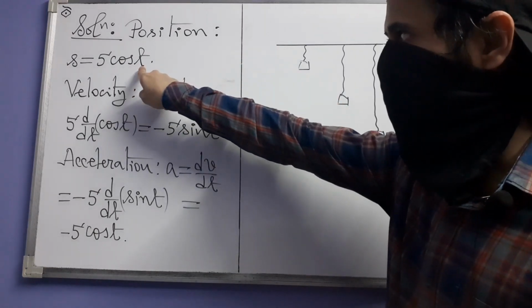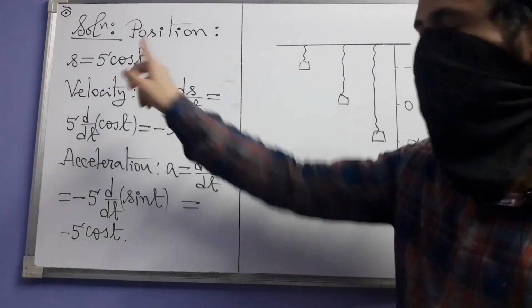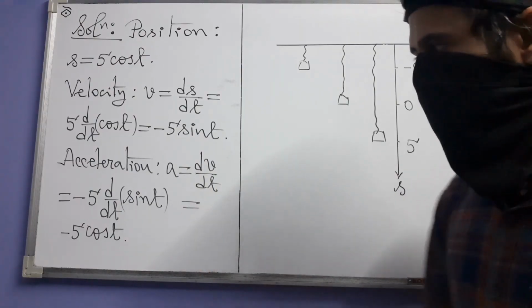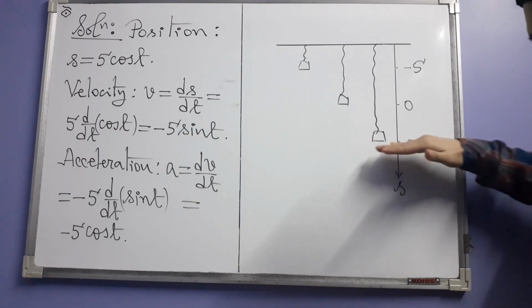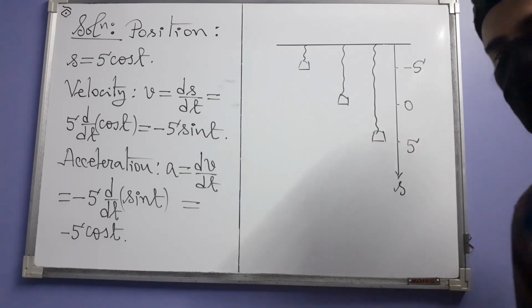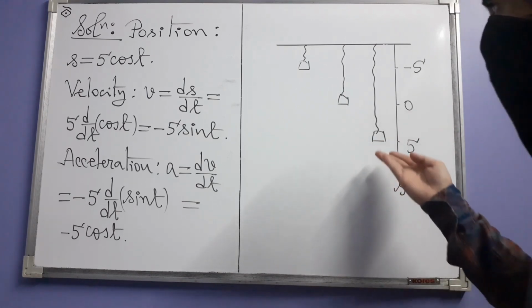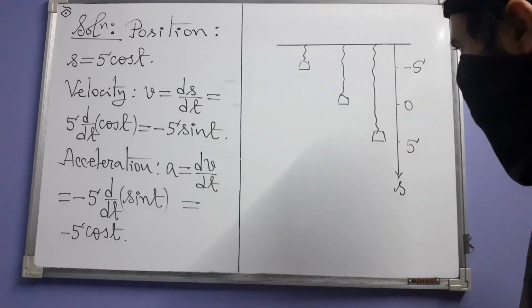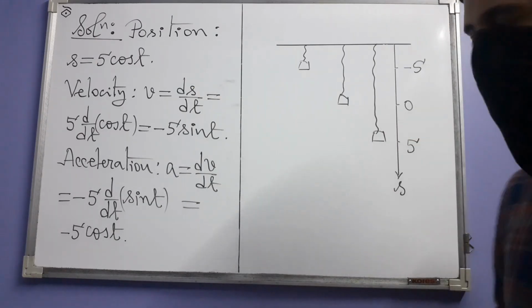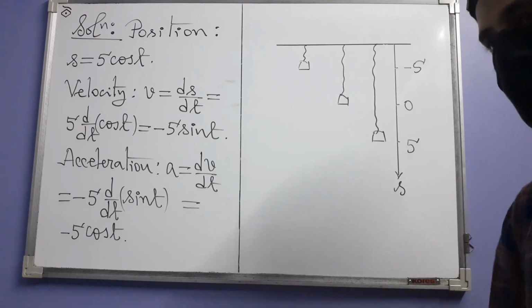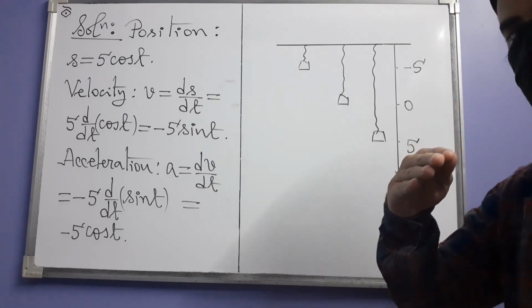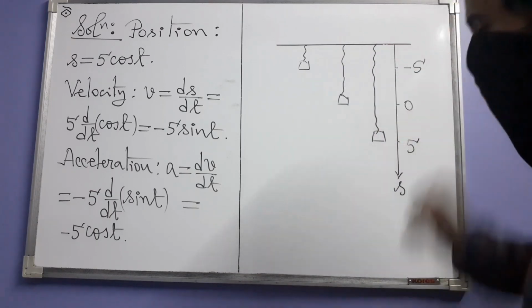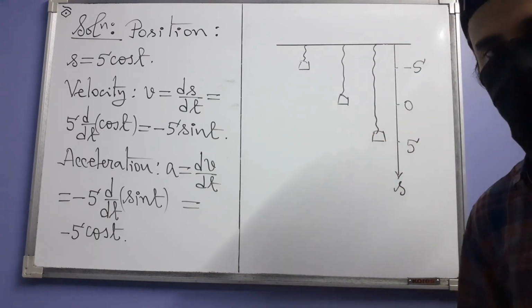If you substitute t equal to 0 here, cos 0 is 1, so s is equal to 5. So yes, s is 5. This is where the body is lying on this s axis. But then as t increases, cos t also changes and the body goes up. Alright, so we have to see how long the body takes to come back to this exact state of motion.